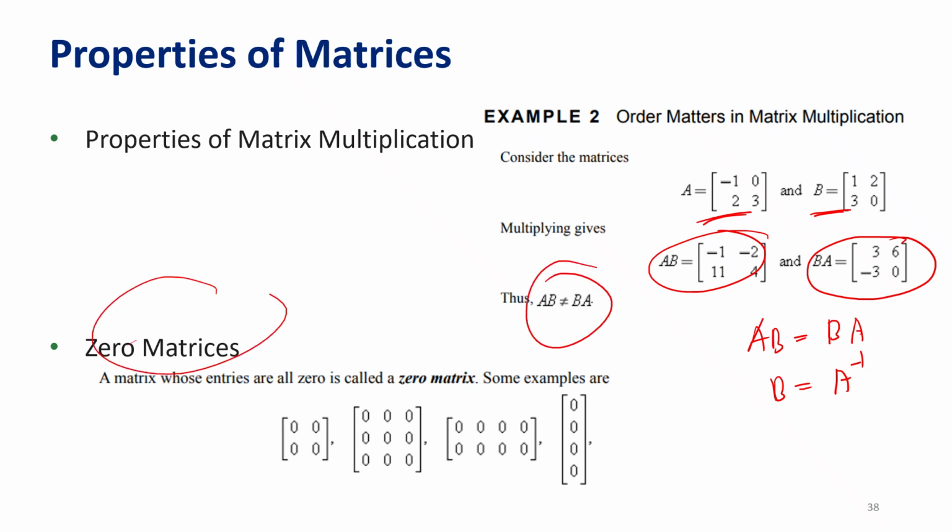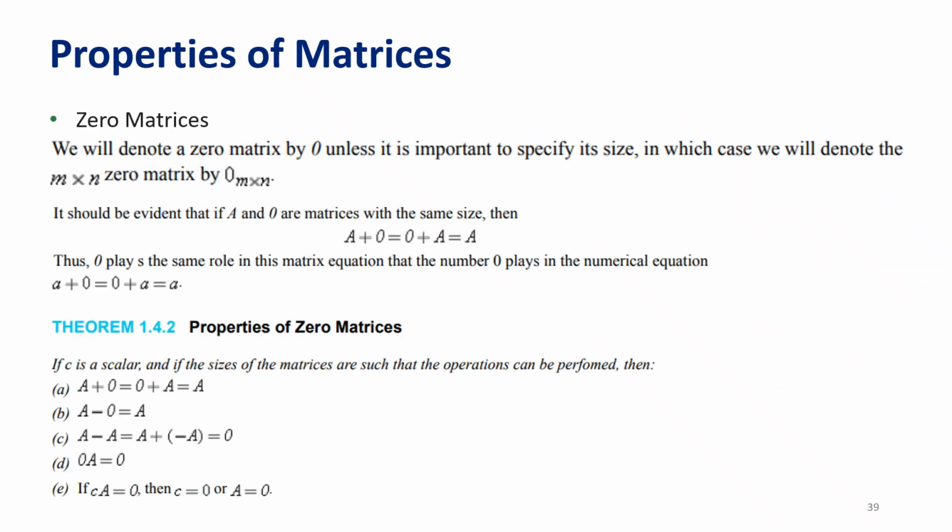Another concept you need to know is the zero matrix, where every entry of the matrix is equal to 0. The zero matrix also has unique properties, because there are several properties that apply to the zero matrix only.